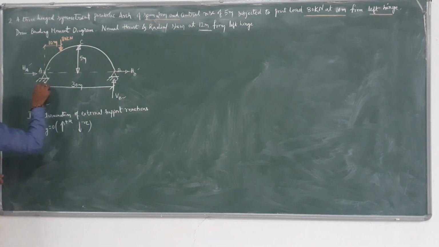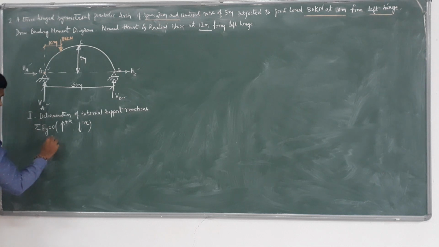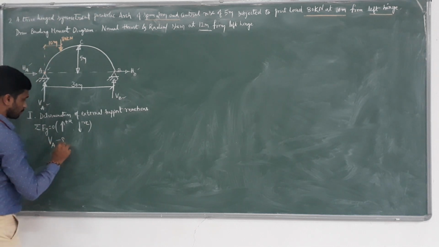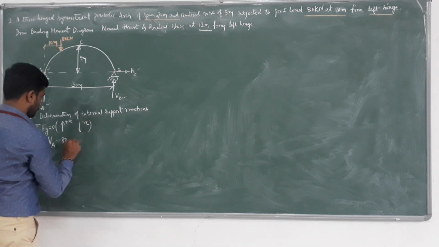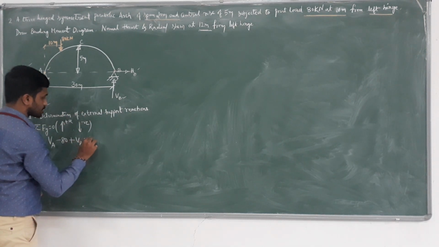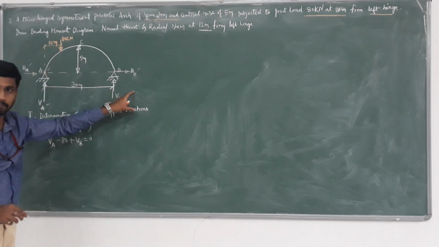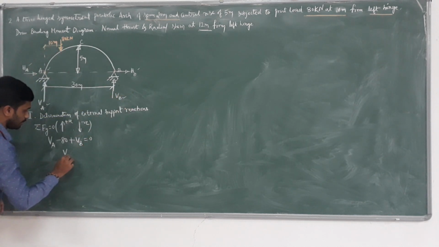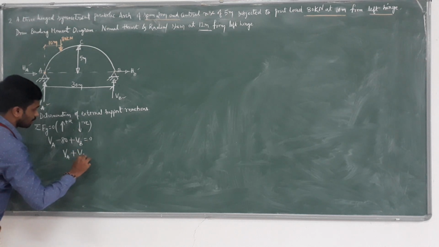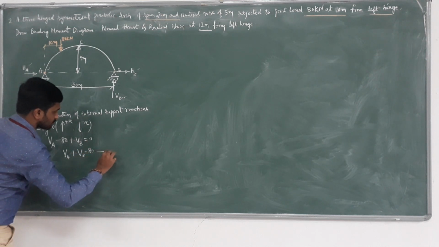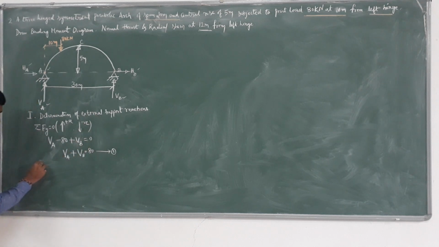So applying it here: plus VA minus 80 plus VB. There are only 3 vertical forces. Therefore, VA plus VB equals 80, say equation number 1.